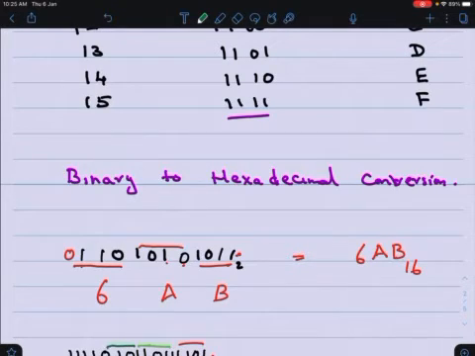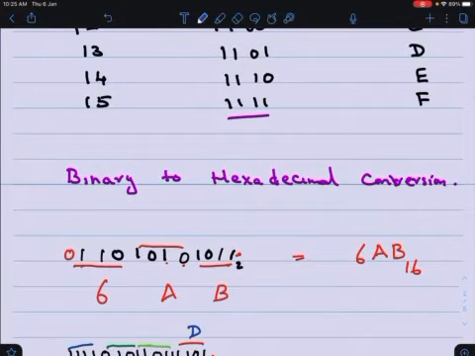This one, 1010, and then you have again this one. So the corresponding number is, tell me, 110. So it is 12 plus 1, 13. This is D, right? This is D. Again this one is, tell me, 1011.